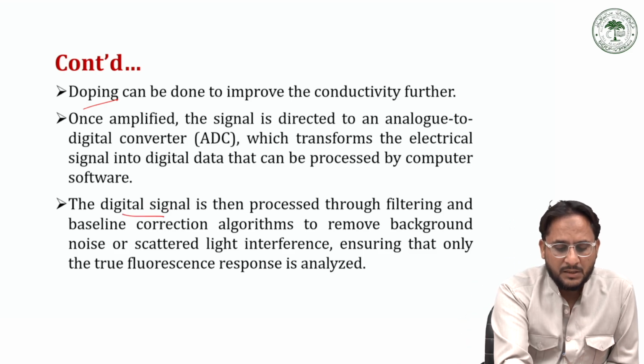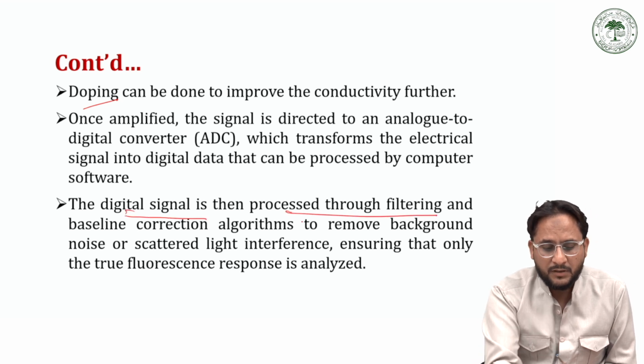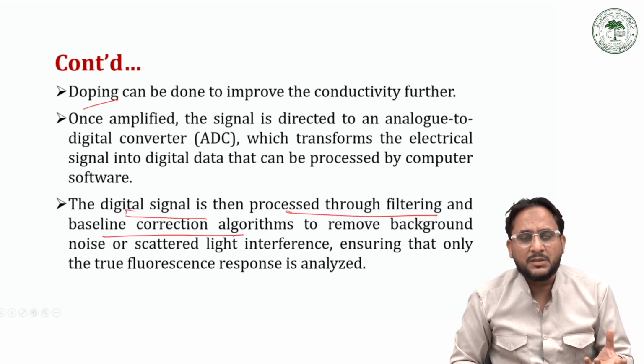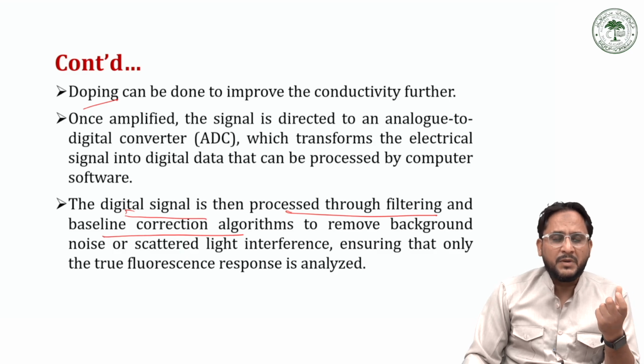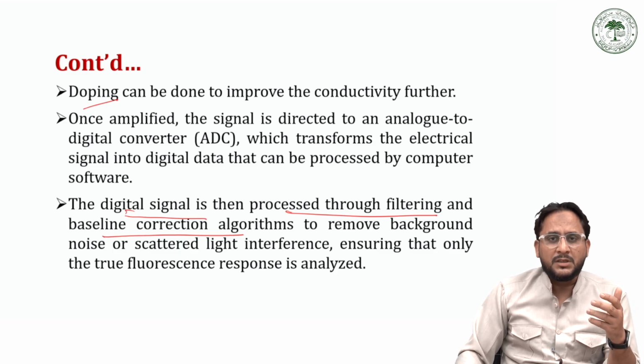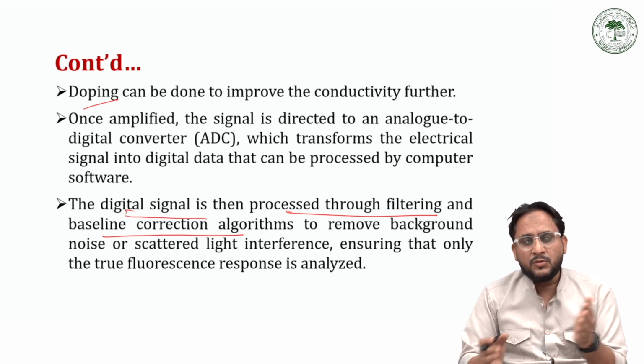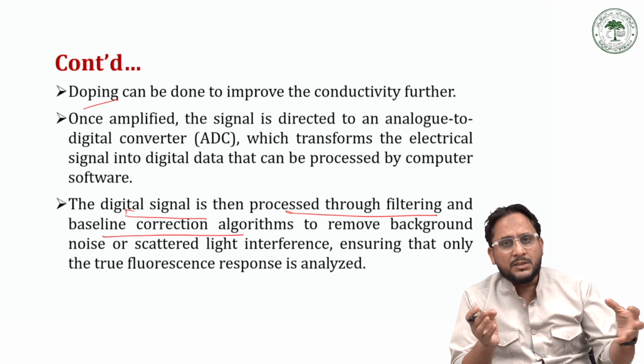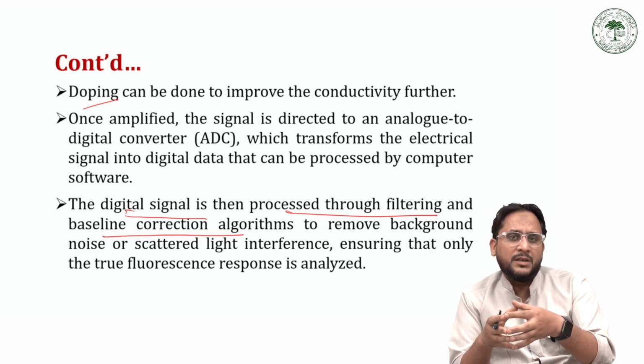And finally, the digital signal. The digital signal that is obtained is further processed through filtering and baseline correction, because there may be certain background radiations or noise. That noise can be removed by doing a blank run, as I told you earlier as well.